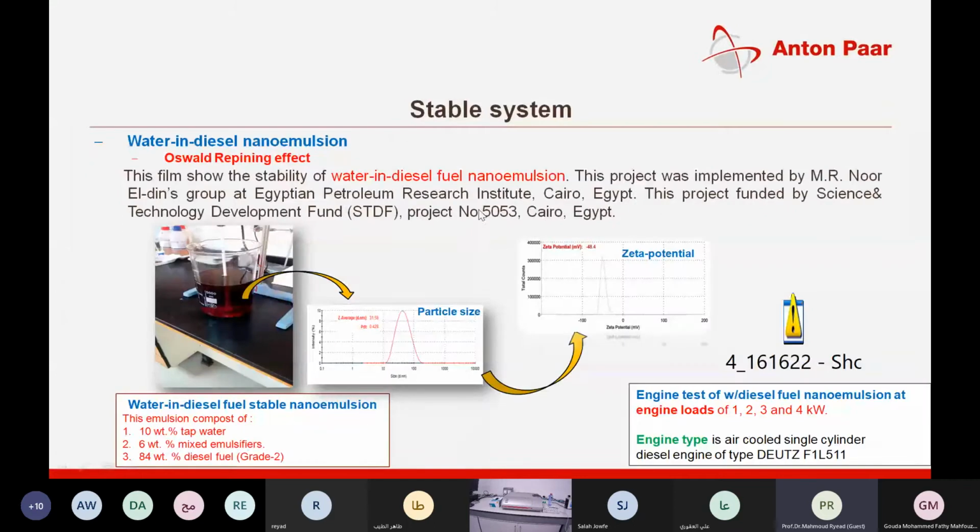A stable water-in-diesel fuel emulsion with water droplet sizes of 124 and 31 nanometer and a zeta potential of minus 48.4 was prepared by the batch addition method. The performance of the emulsified diesel fuel was evaluated as an alternative fuel at engine loads of 1, 2, 3, and 4 kilowatt, as shown in the following film.